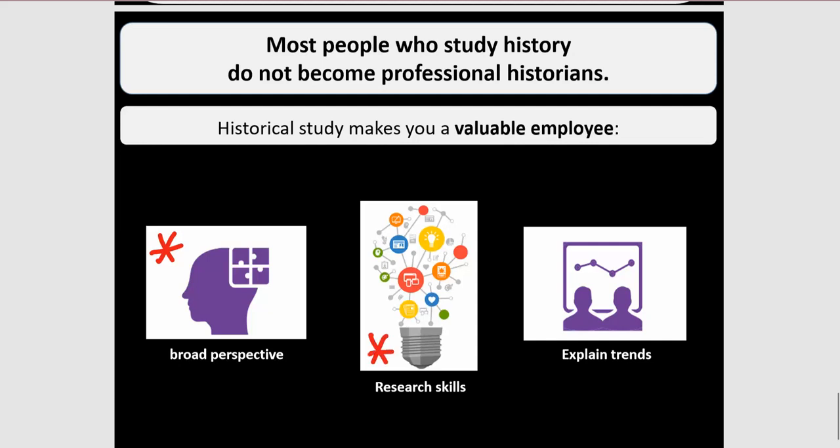Lots of research skills are involved in the discipline of history. And of course, in history, we often see things like trends. Why is it that certain things increase over a period of time and then start falling over a certain period of time? And we want to be able to explain why. So, such skills are very valuable in the future workforce. And it's just some of the few things that you're going to pick up as a history student. There are, of course, lots more skills, but just so that you're aware what we are doing here.